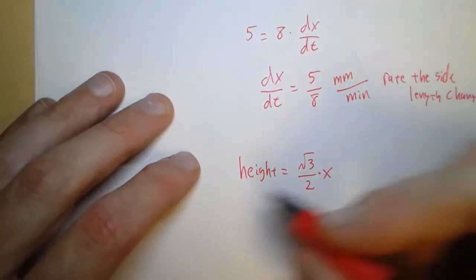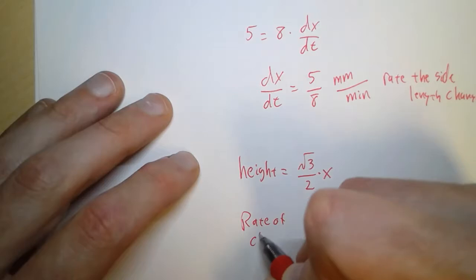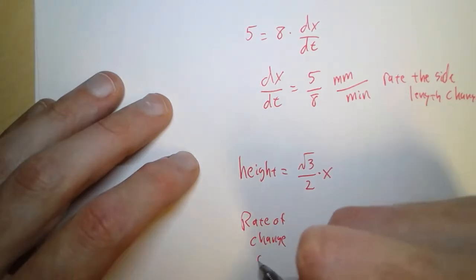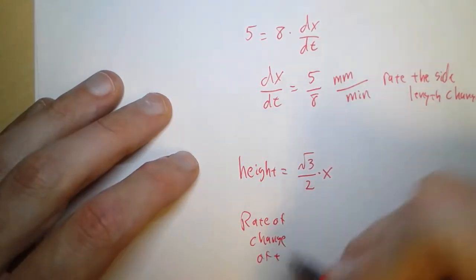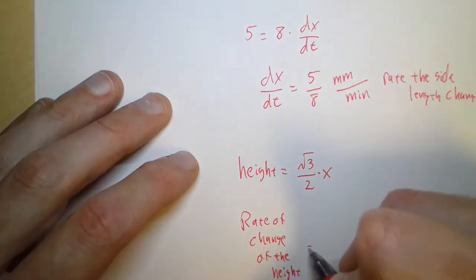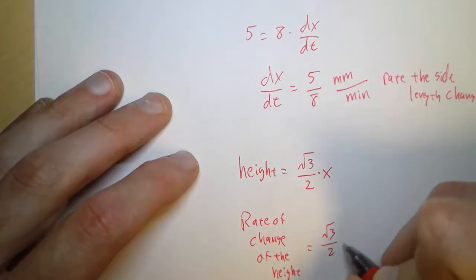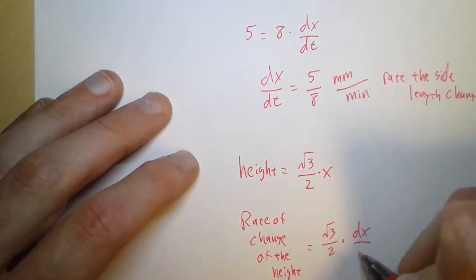And so the rate of change of the height is going to be that derivative. If we find the derivative of this, this is just square root of 3 over 2 times dx/dt.